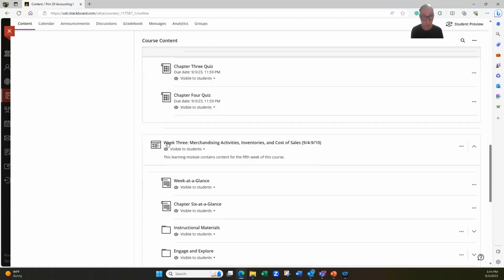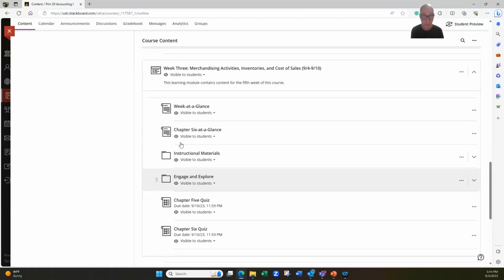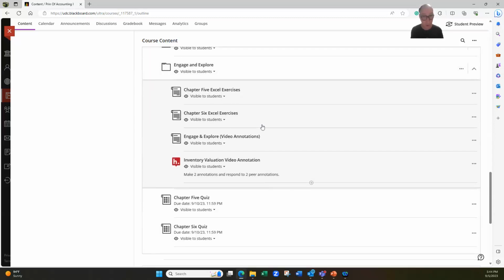As we're now in week 3, under Engage and Explore, there's a bit of a reprieve: only one thing to do this week, and that's another annotation through Hypothesis. You'll notice it says 2 annotations and respond to 2 peers, just like last week. I thought last week was great.